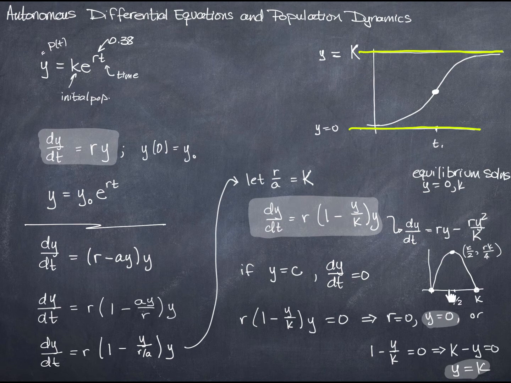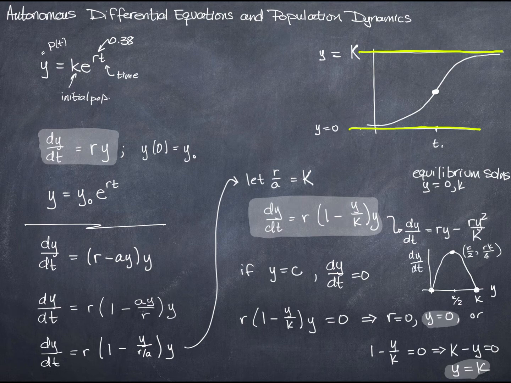Now remember that what I'm sketching here is the graph for the differential equation, not the solution. We don't have an equation for the solution yet. The graph of the differential equation, before I solve it, looks like this, and that tells me something about y.